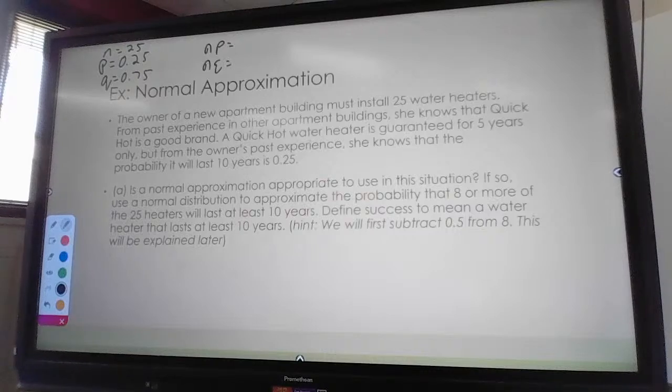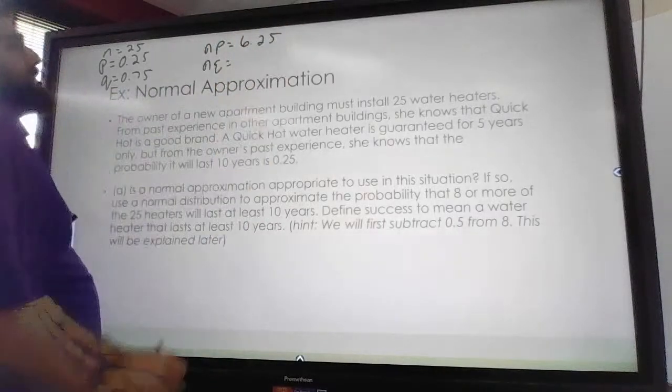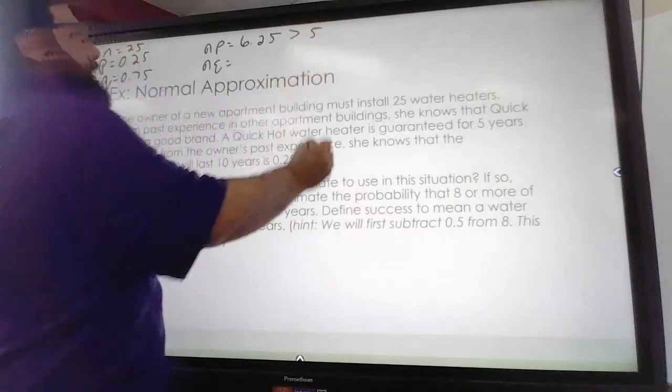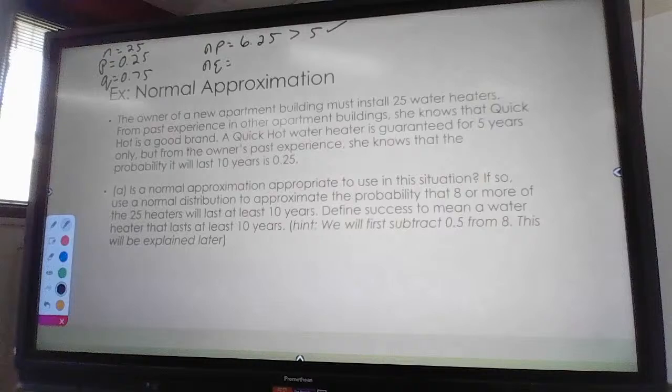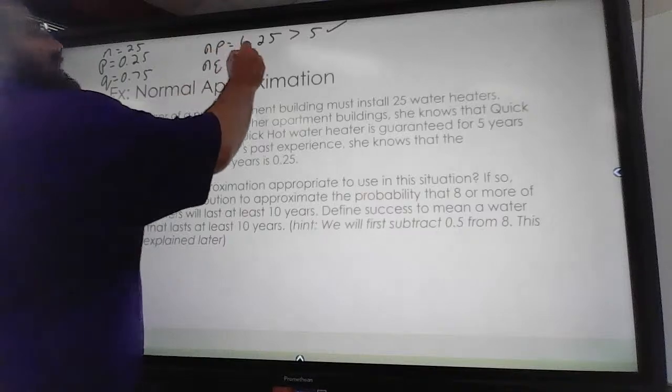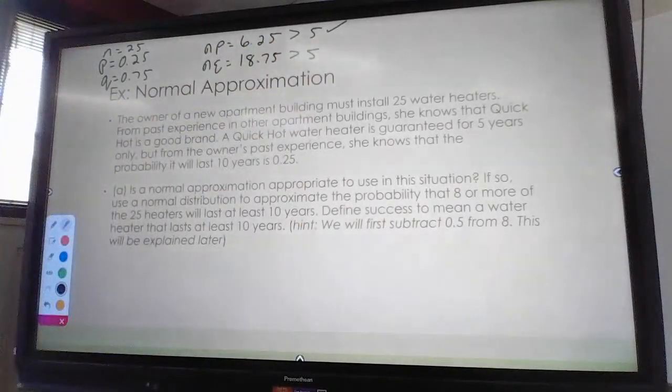Remember, np is the mean in a binomial distribution. Okay, let's not forget that. So 25 times 0.25, that's 6.25. And yes, this is greater than 5, so check. nq: 25 times 0.75, that's 18.75, which is also greater than 5.